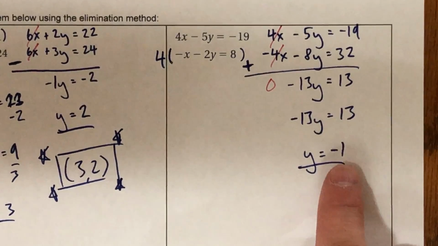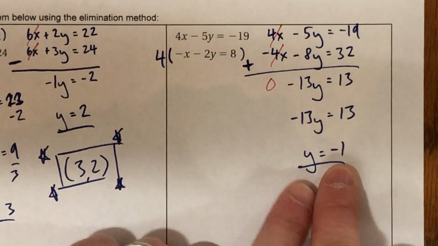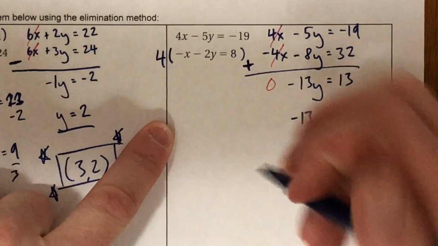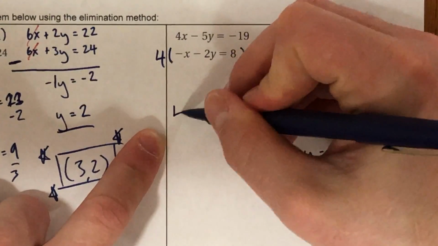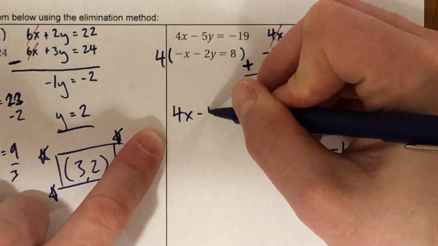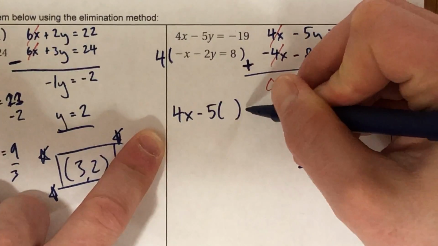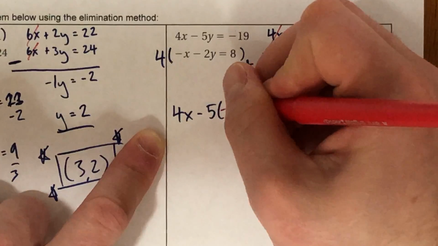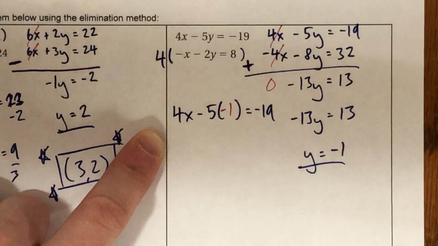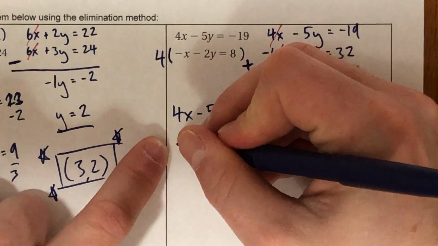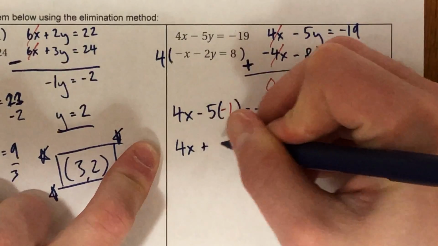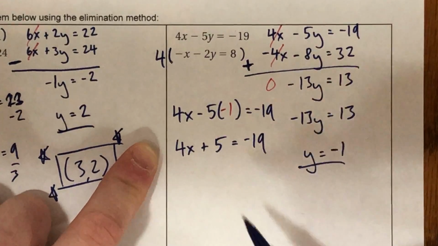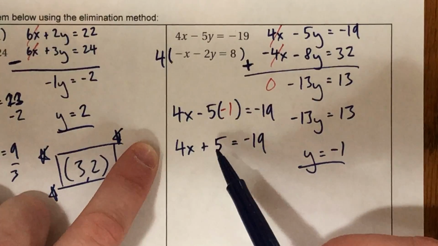Now to find the other half, I'm going to take this y value and stick it into one of my original equations and solve for x. So using that first equation, I got 4x minus 5y equals negative 19. The y value is negative 1. Let's solve for x. This is 4x plus 5 equals negative 19. Negative times negative is positive.